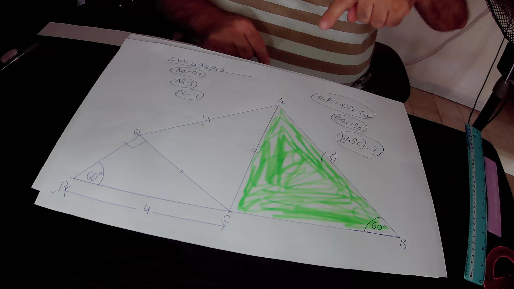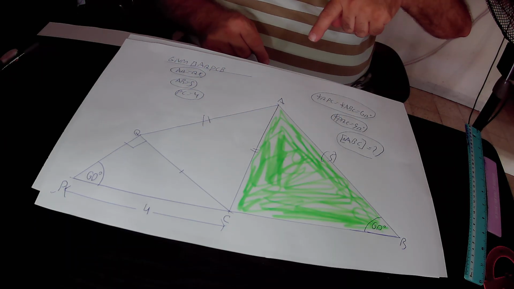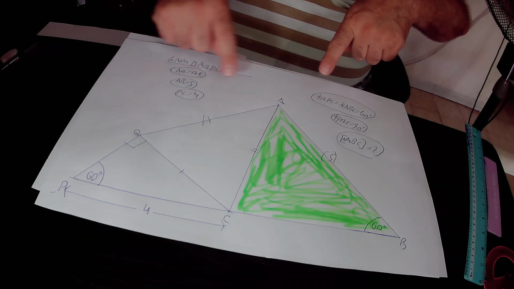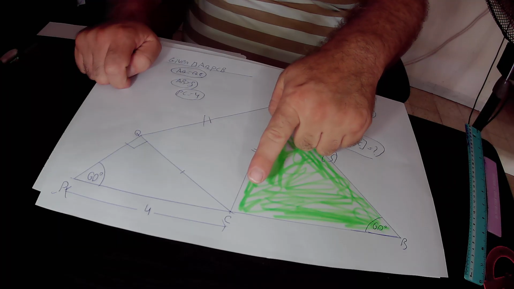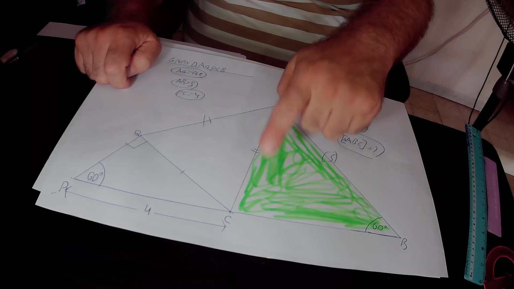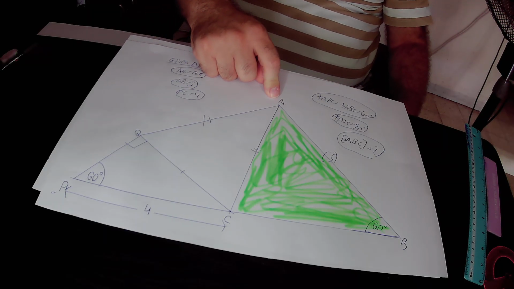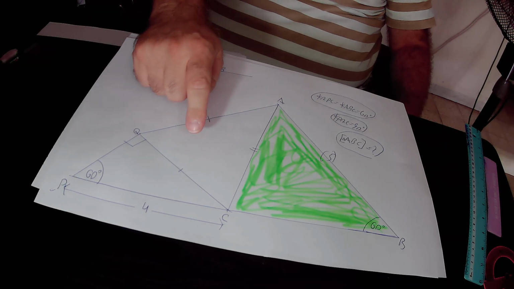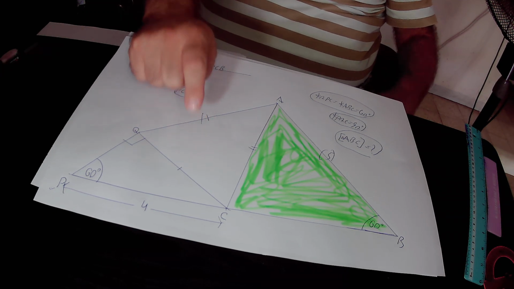So first of all, triangle AQC is an isosceles triangle because side AQ equals side AC. QC is the base of this isosceles triangle, triangle AQC. From the vertex A, we draw a perpendicular to the base QC.